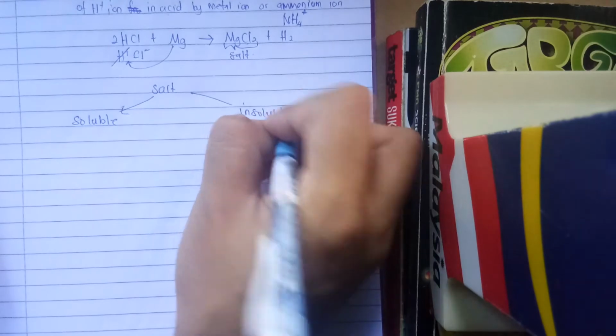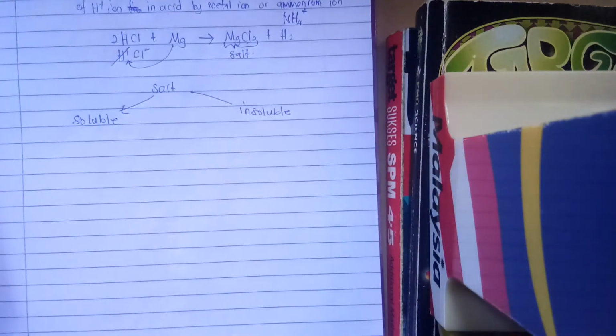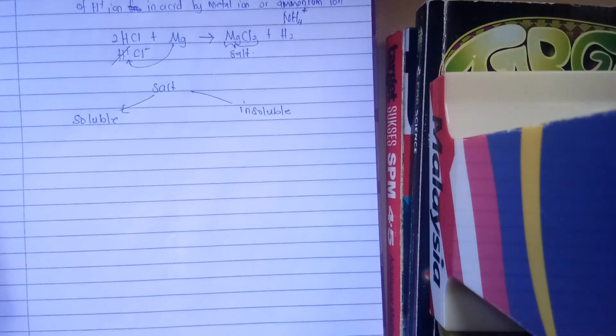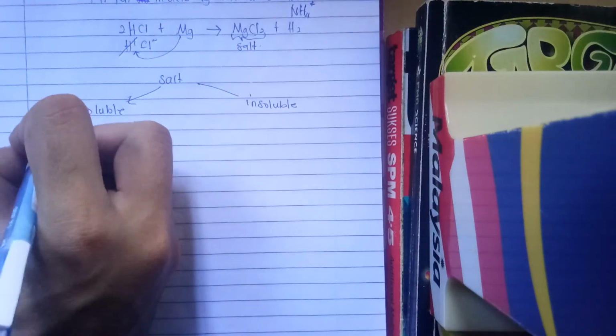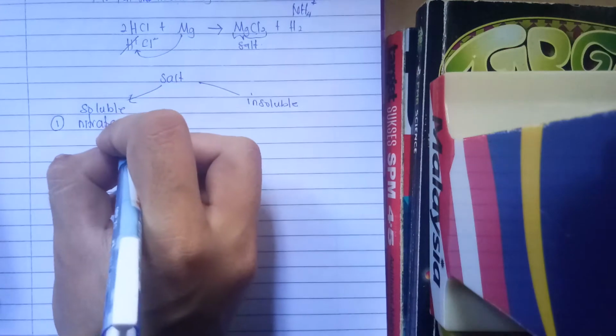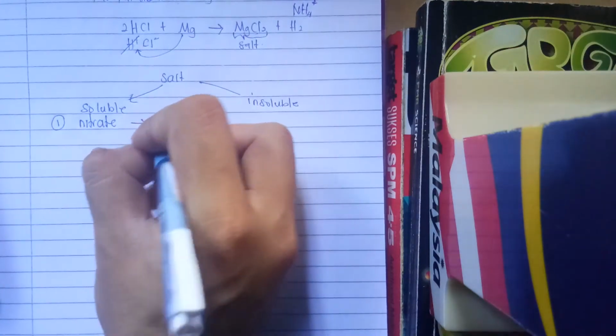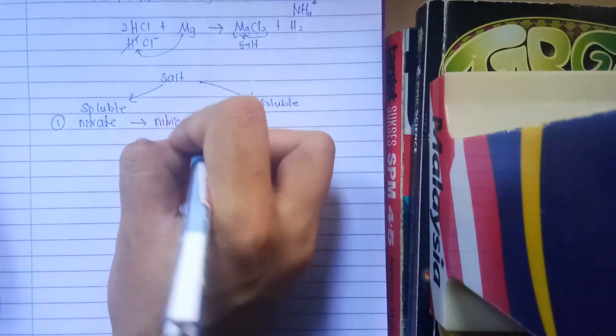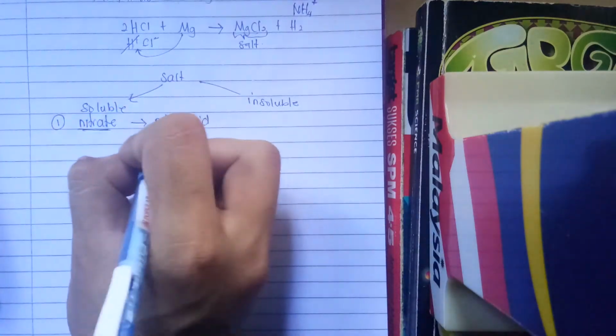Okay, so you have 4 types of salt you need to know for your syllabus. The first one we call nitrate salt. Basically, nitrate you get from nitric acid.